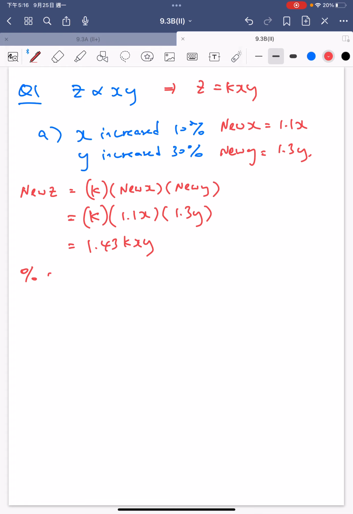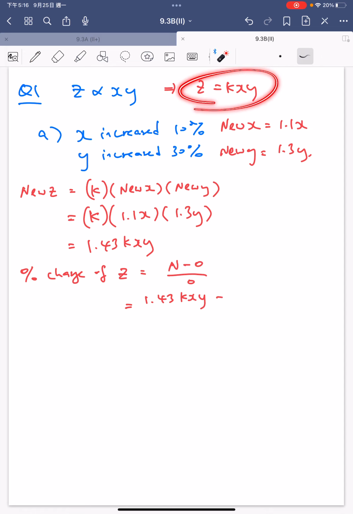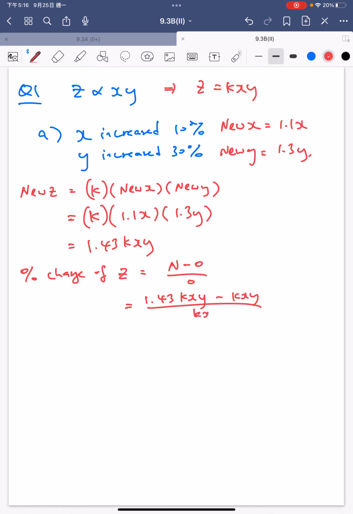Then we use the percentage change of z, which is the new value of z minus the old one, divided by the old. So we have 1.43 kxy minus our old value of z, which is kxy as well, divided by kxy.